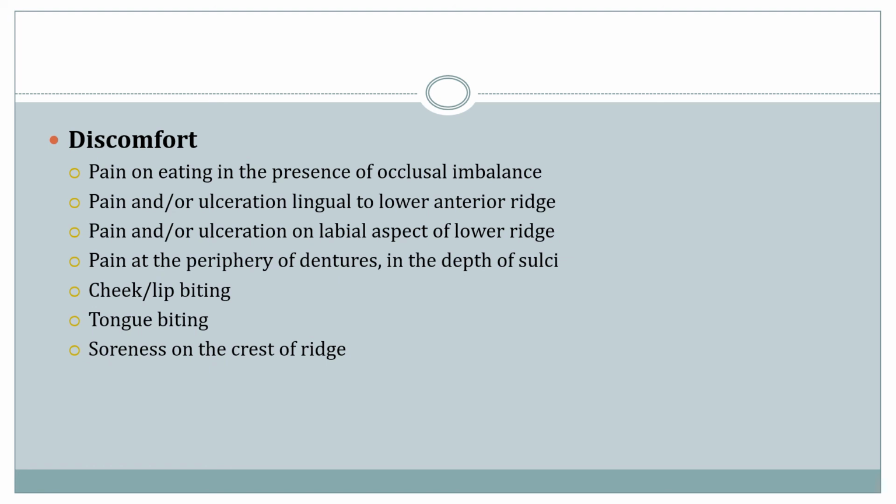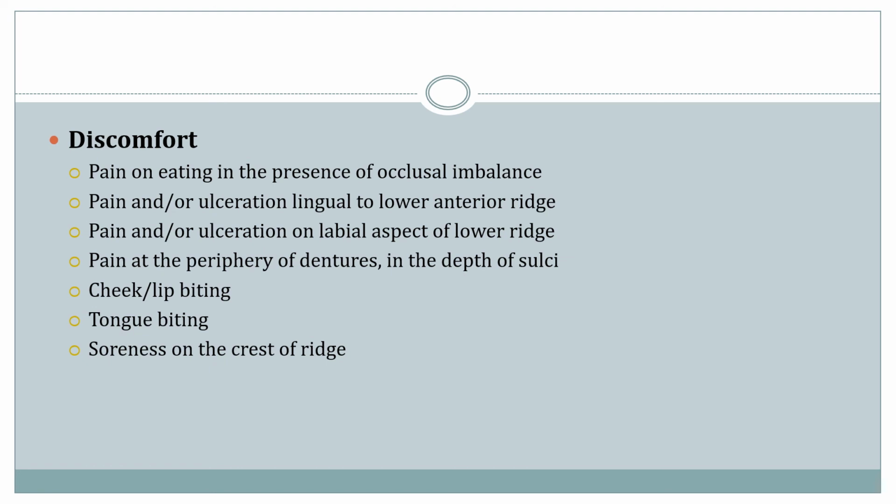Then you have to remove the complete denture from the patient's mouth and observe if there is any ulceration on the lingual aspect of the lower anterior ridge or labial aspect also, and if there are any rough irregular surfaces on the undersurface of the denture, or if the denture is overextended in the distal lingual sulcus or in the maxillary tuberosity region. So overextensions have to be checked.